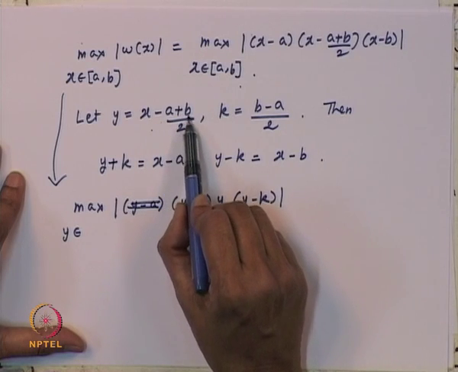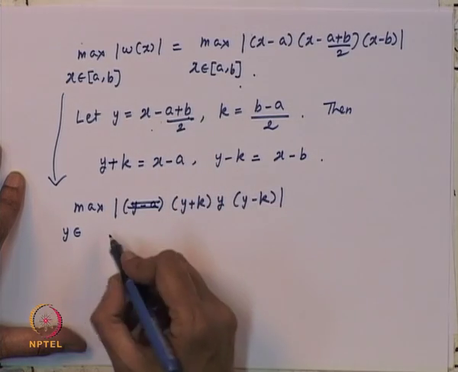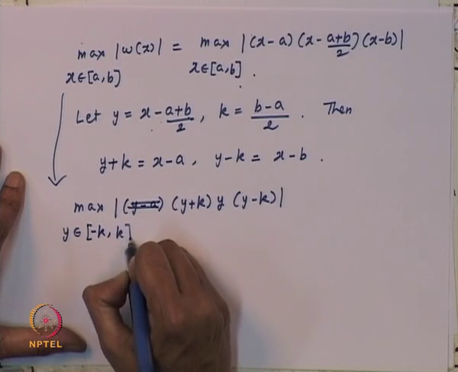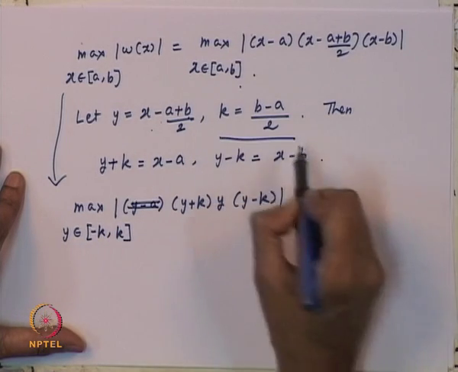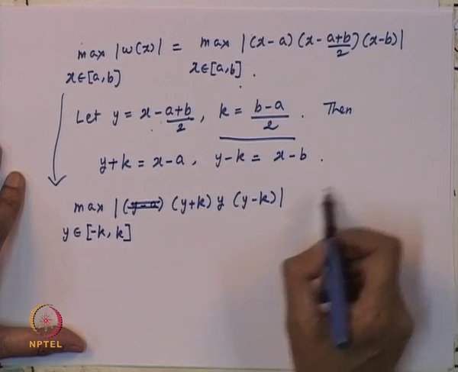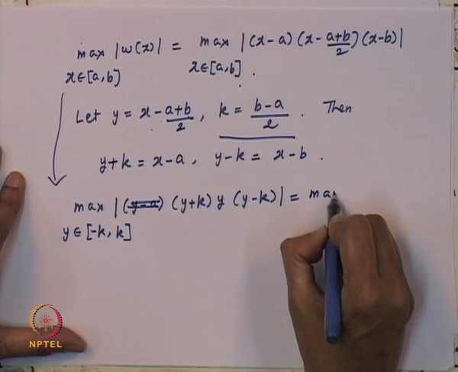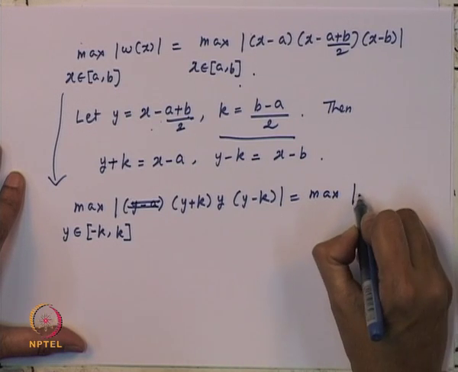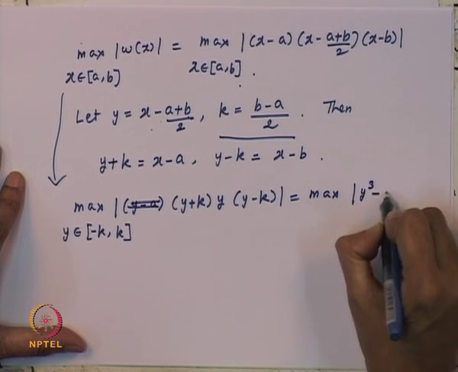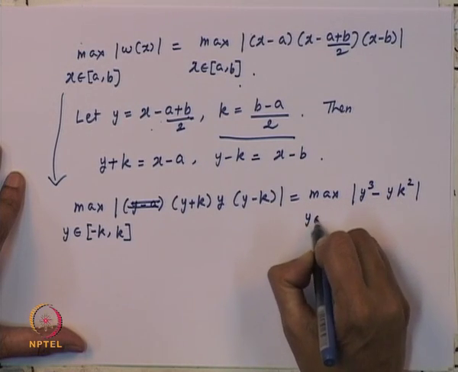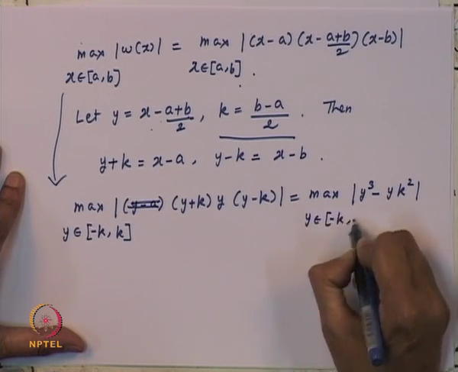So, x minus a plus b by 2, that is going to vary over minus k to k, since k is b minus a by 2. So, we have this is the maximum of mod of y cube minus y k square, y belonging to minus k to k.